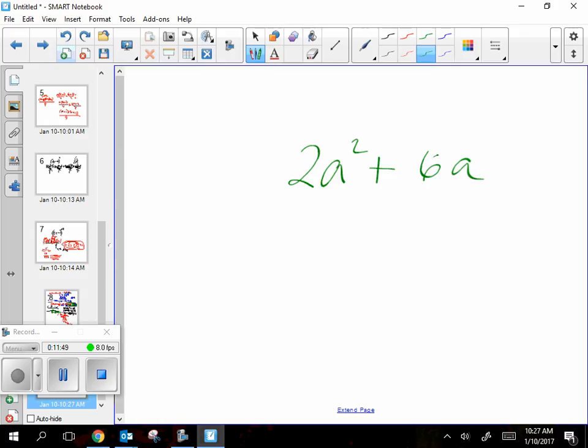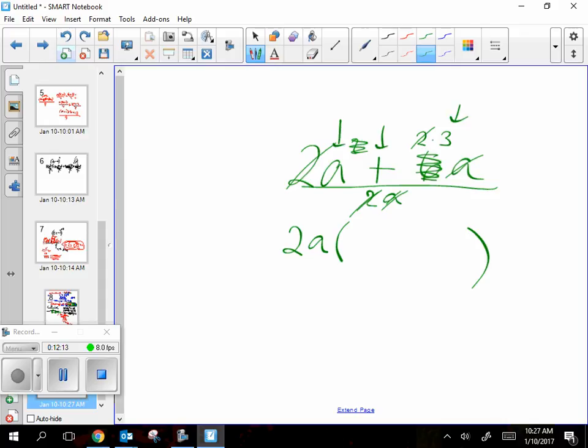Because the 6 is really what? And therefore they both have a 2 and they both have an a, so I'm pulling out a 2a. And then what that really means is I'm dividing everything by 2a. And the 2's cancel, and one of these a's cancels, along with this 2 cancels, and this a cancels. And that leaves me with what? A plus 3, and that's what goes here. So it's kind of like that, except with more complicated things.